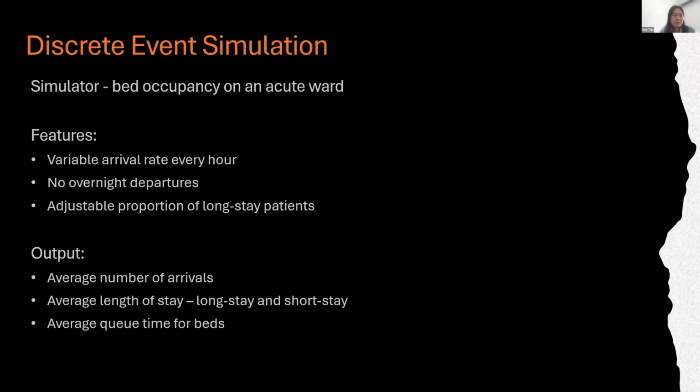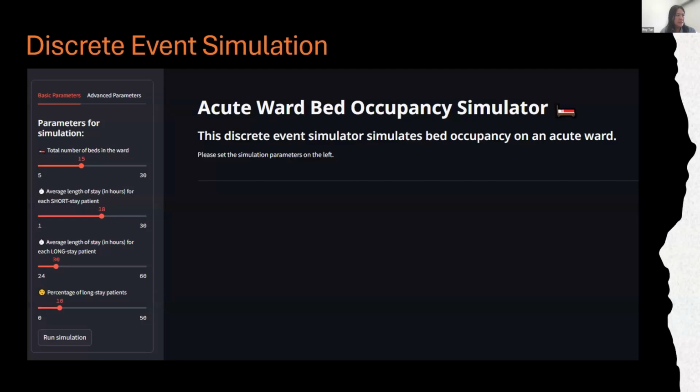Also, there are no overnight departures on this simulator. And the users are able to adjust the proportion of long stay patients. So if we try to reduce the number of long stay patients on the ward, how would that impact our outcome? The simulator will produce some outputs, including the average number of arrivals throughout the duration of the simulation, the average length of stay for long stay and short stay patients, and also the average queue time for beds.